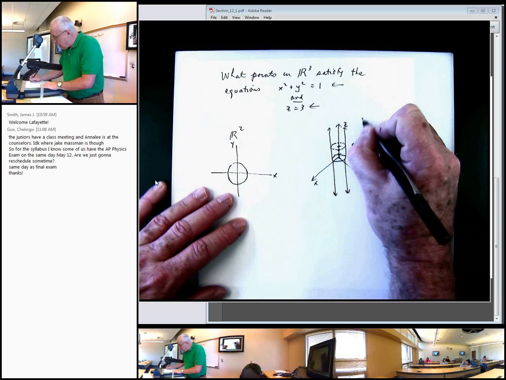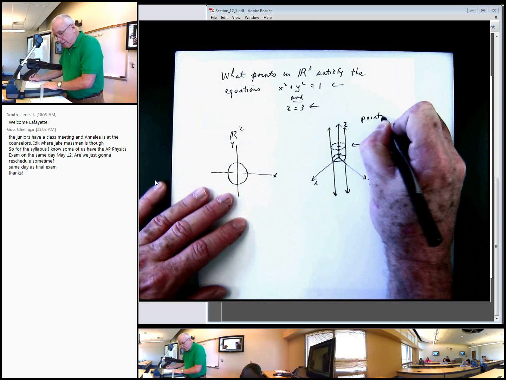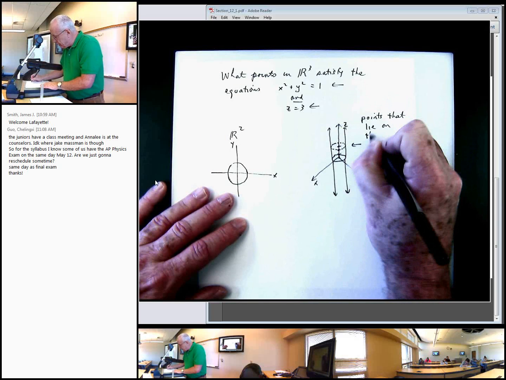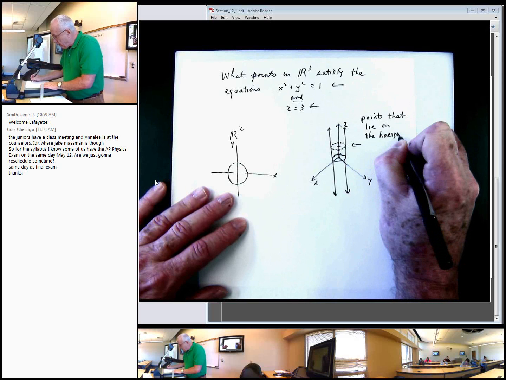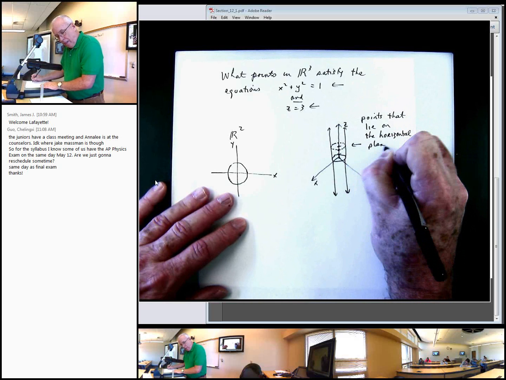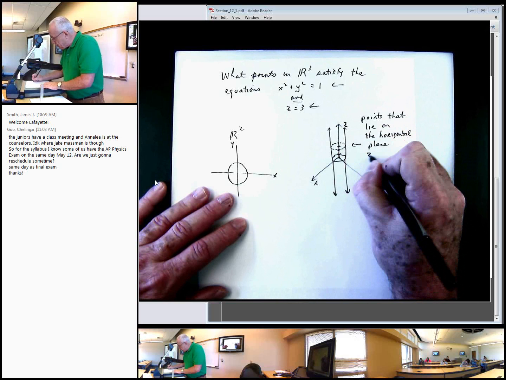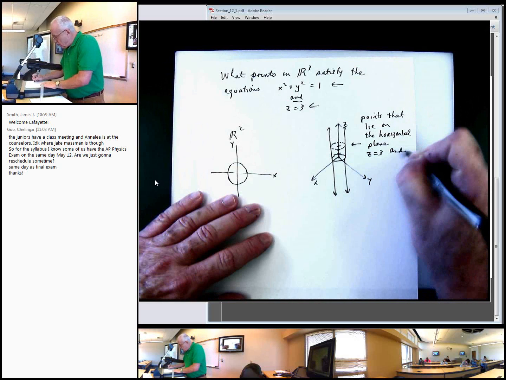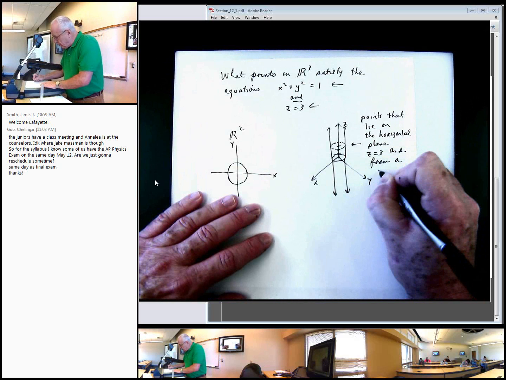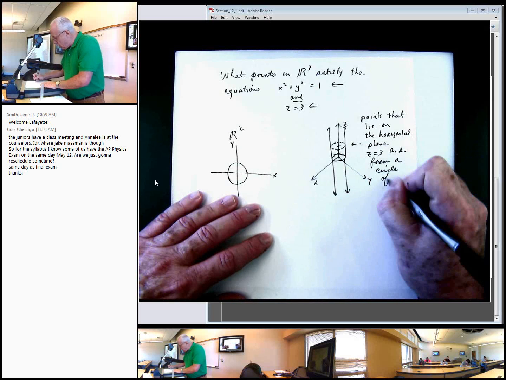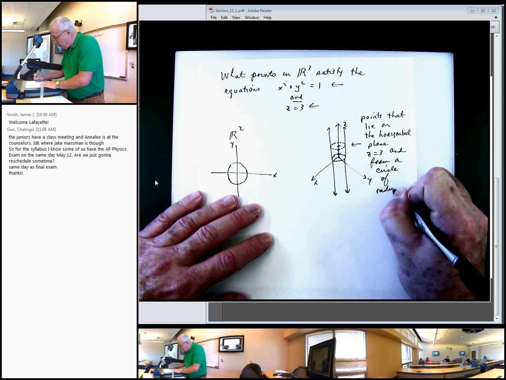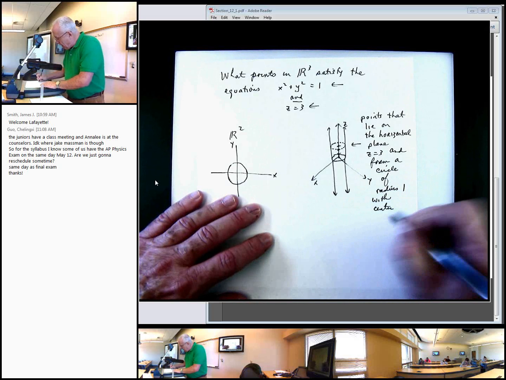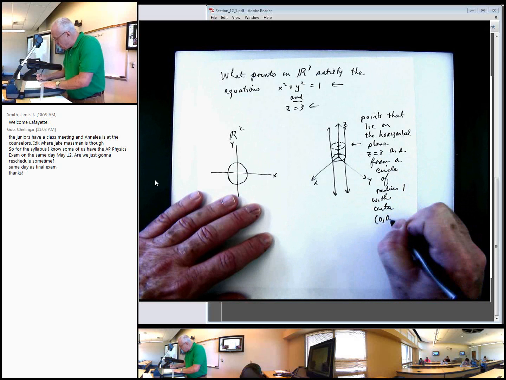So this is a way to draw this. A way to describe it is this: the points that lie on the horizontal plane z equals 3 and form a circle of radius 1 with the center that would be 0, 0, and 3.